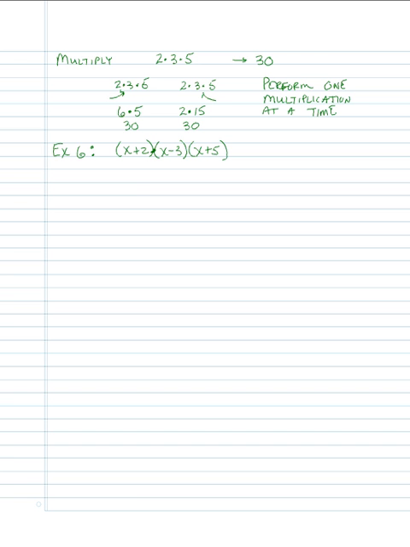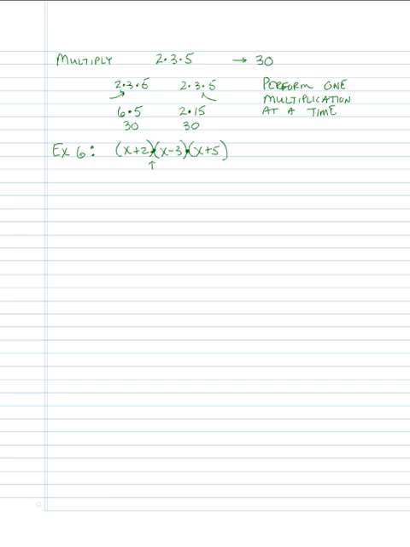There's a multiplication right here, understood, and a multiplication right here. Now, what we need to do is decide which of these multiplications we're going to perform first. And it really doesn't matter if we perform the first one or if we perform the second one.